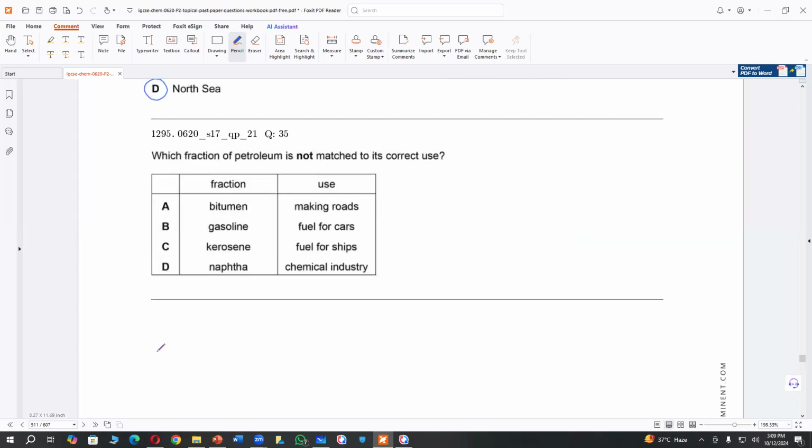Which fraction of petroleum is not matched to its correct use? Let me see.